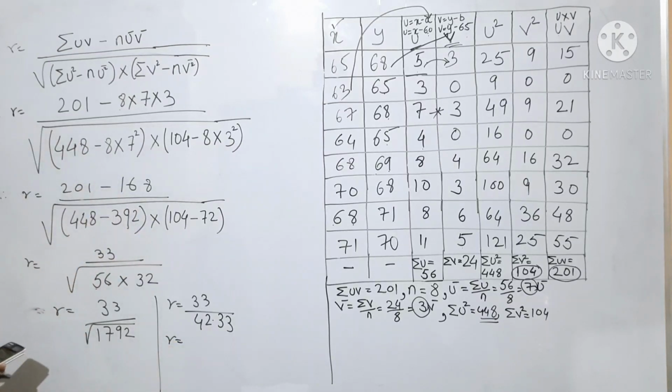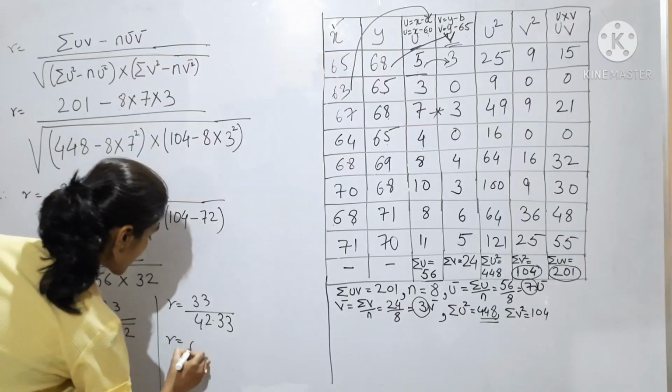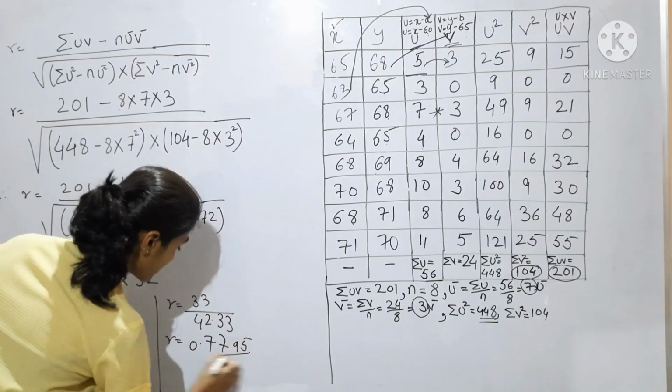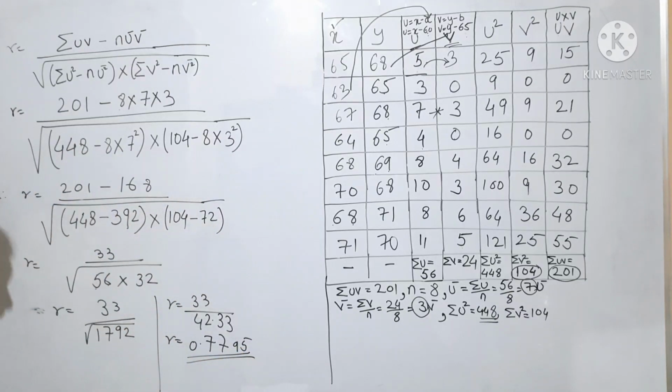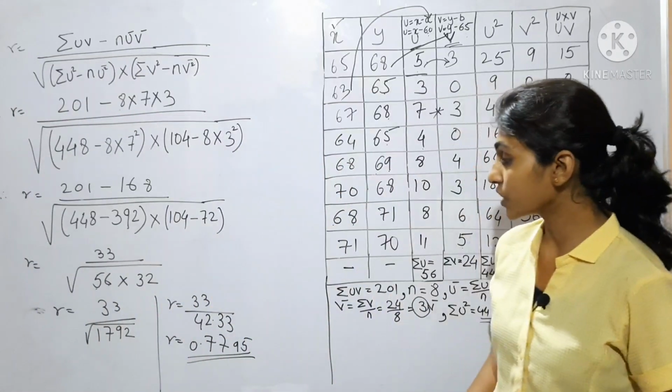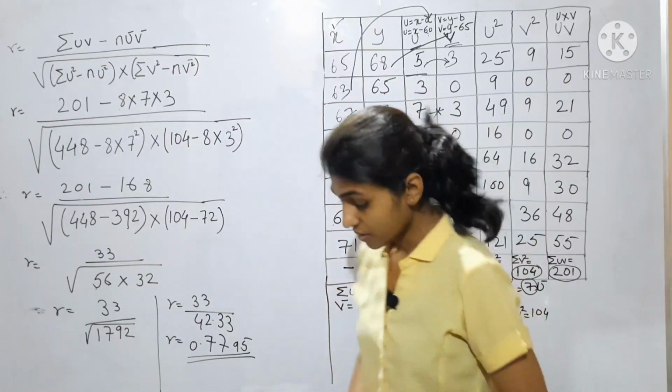Then divide 33 by 42.33. The answer you get is 0.7795. So this is the answer of the coefficient of correlation by deviation method.